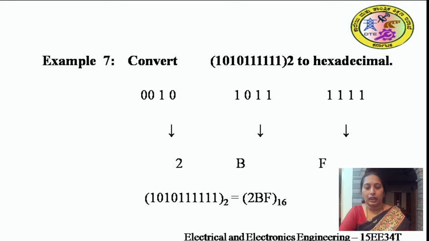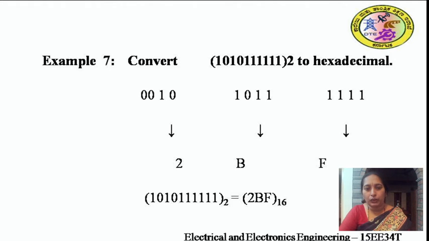In the end, I have only 2 bits, that is 10, so I add 2 bits to complete the last group of 4 bits.